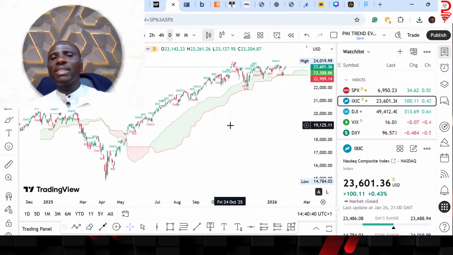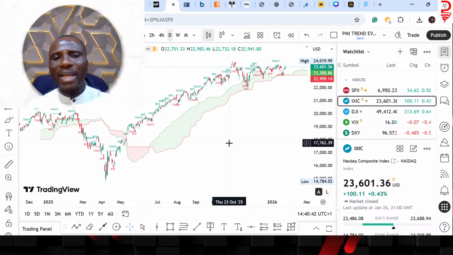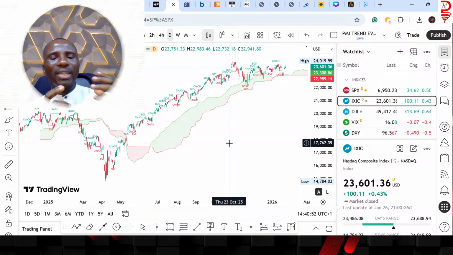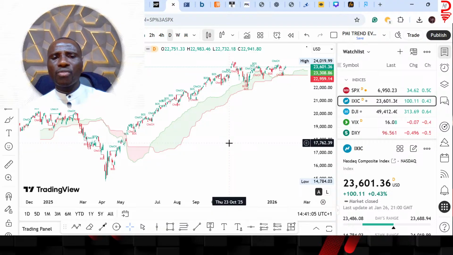Once we have this index still giving us a buy structure, especially on the daily, it is a double confirmation that there is a level of risk on in the market. Risk on means that investors have confidence to put their money to work in the global financial market, and of course that is going to be reflective in the movement of stock.